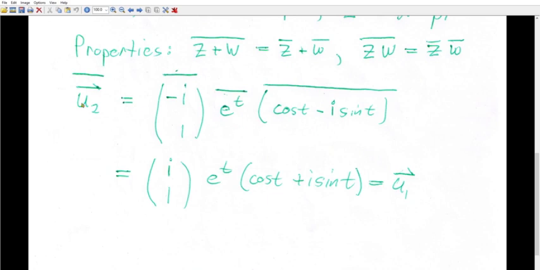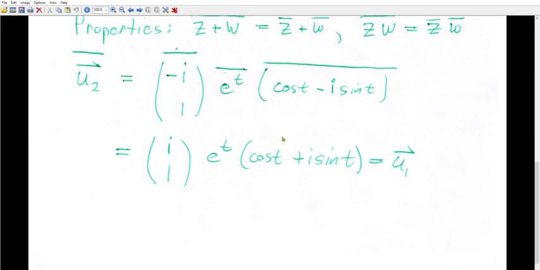So u2 conjugate is the conjugate of our eigenvector times the conjugate of e to the t times the conjugate of cosine t minus i sine t, and the conjugate of our eigenvector, the conjugate of minus i, is i. The conjugate of e to the t is e to the t, because e to the t is a real number.